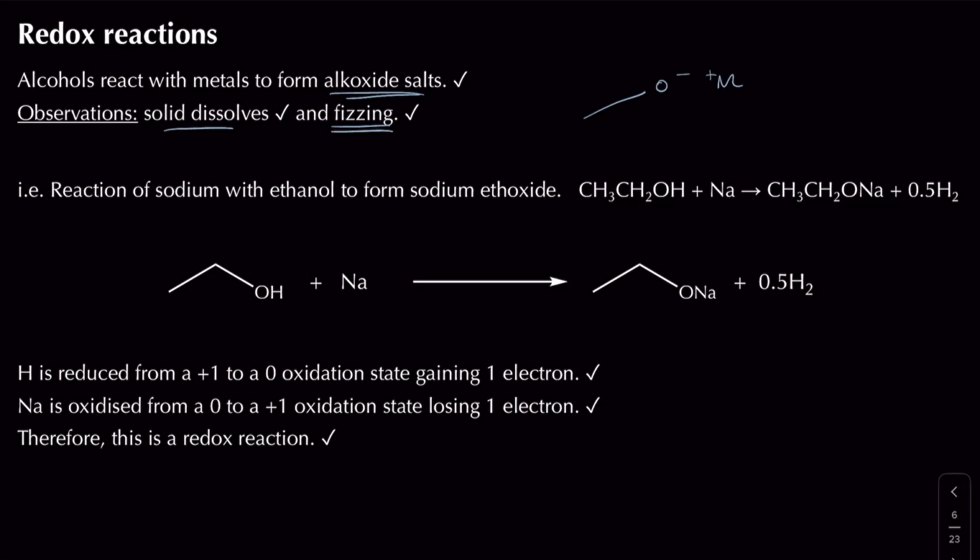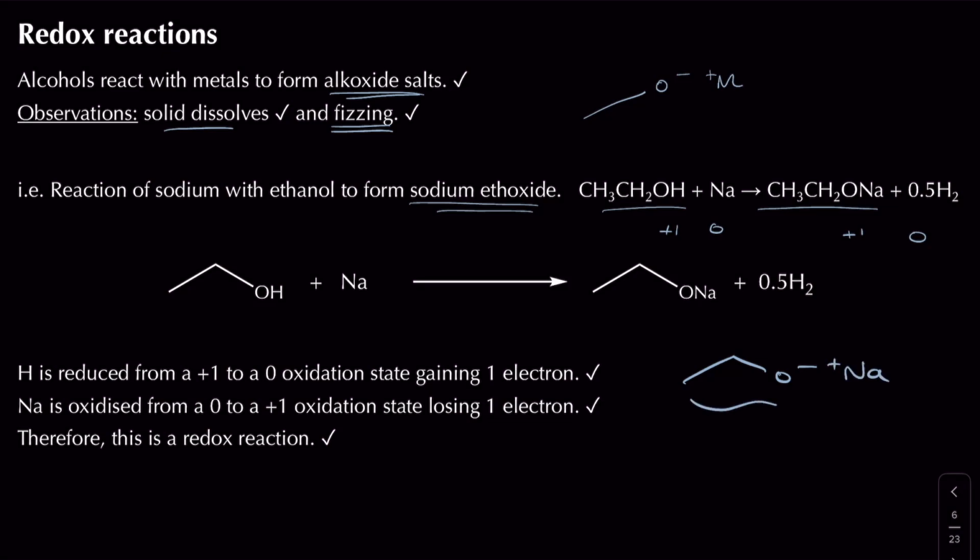An example here, we're reacting sodium with ethanol to form sodium ethoxide, and of course there's our equation over there as well. Now, we can see it's a redox reaction because the hydrogen is going from a +1 oxidation state to a 0 oxidation state here. Sodium goes from 0 to a +1 oxidation state over there. Remember, your ethoxide ion is going to look like this. You've got ethoxide there and you've got sodium plus over here.